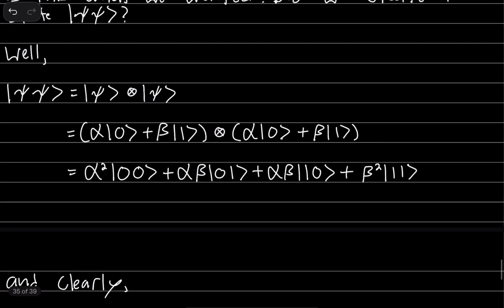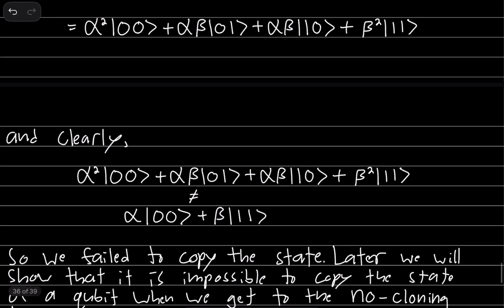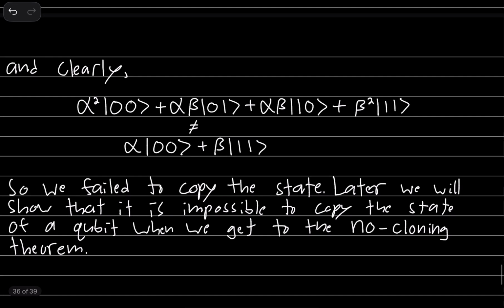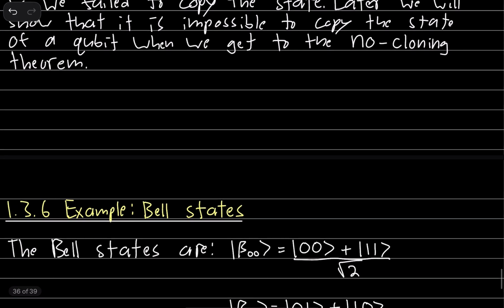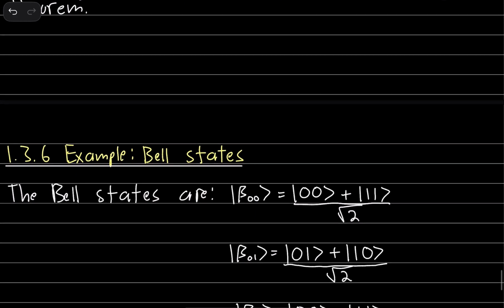Clearly these two states aren't equivalent. So applying CNOT to the state psi 0 does not copy the state psi into wire 1, our second qubit. We failed to copy the state. Later we're going to show that it's actually impossible to copy the state of a qubit, when we go over the no-cloning theorem, which I'll do in a later video.